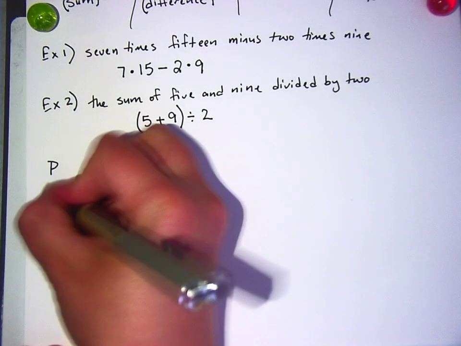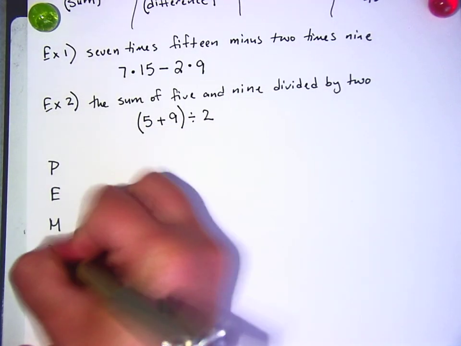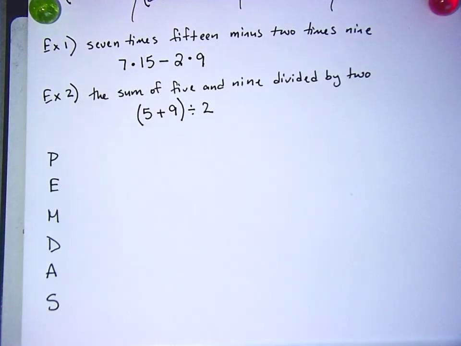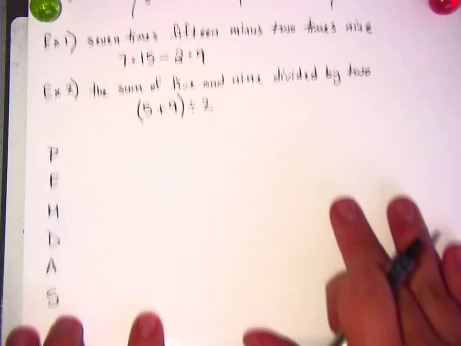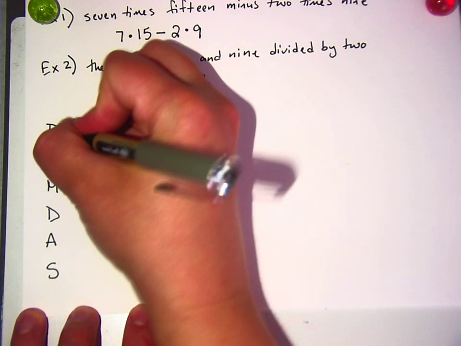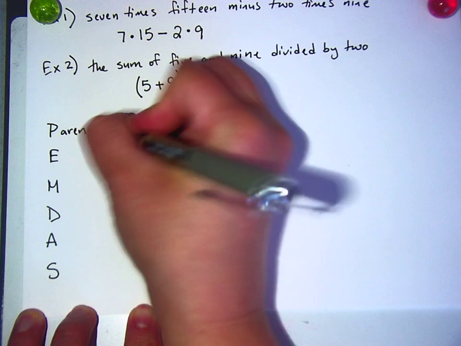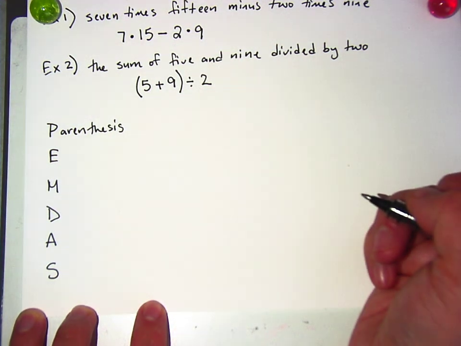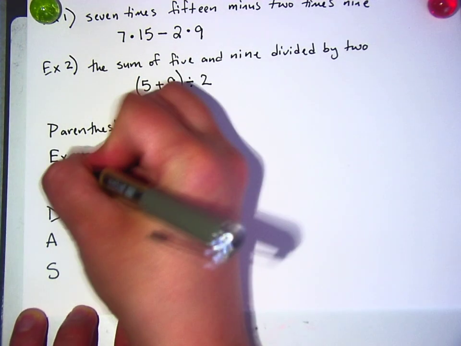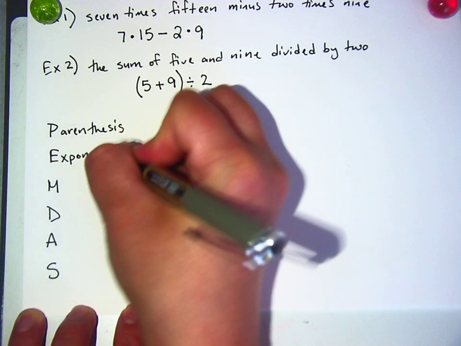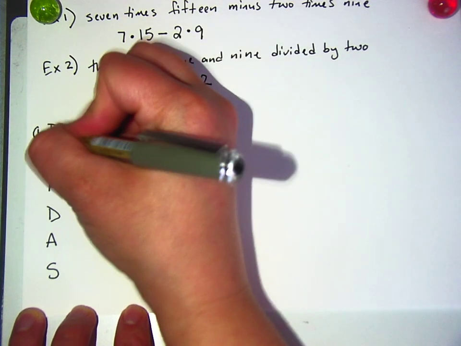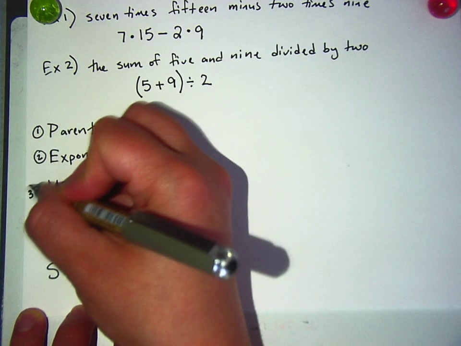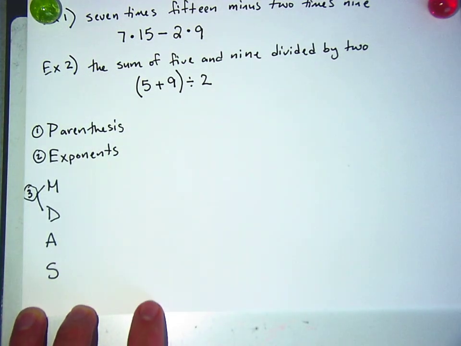PEMDAS. Does this look familiar? Yes. Good. PEMDAS is the order of operations. What does P stand for? Parentheses. How about E? Exponents, good. Parentheses comes first. Exponents come second. These two happen at the same time, so I'm going to write them together as number 3.